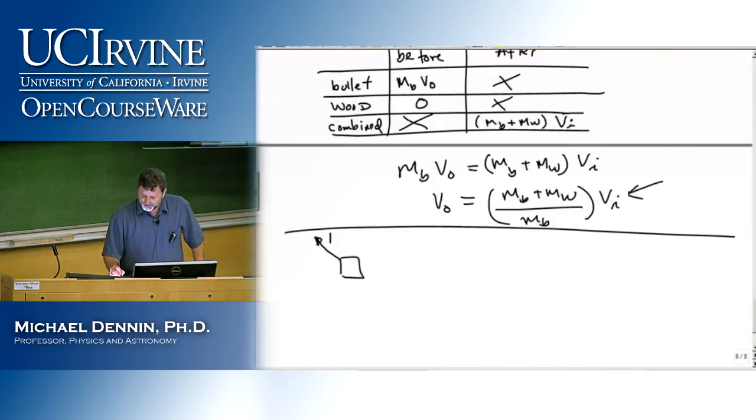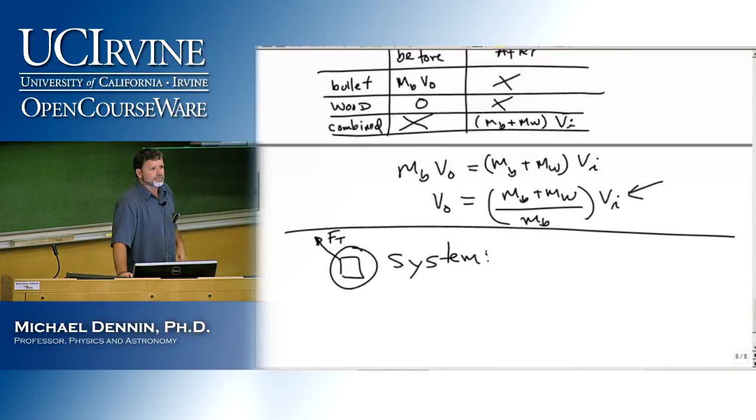right, we now have our system. And here's where we have to be careful. What's our system for part 2? There's 3 objects in our system. Right? We've got our pendulum moving up. What are the 3 objects? The bullet and the wood, because they're stuck together.